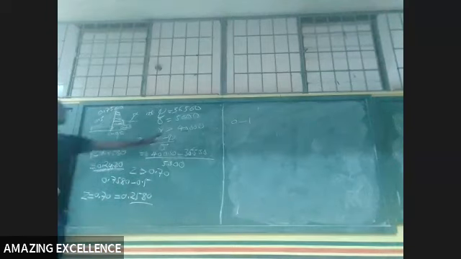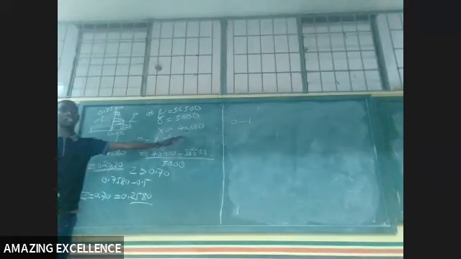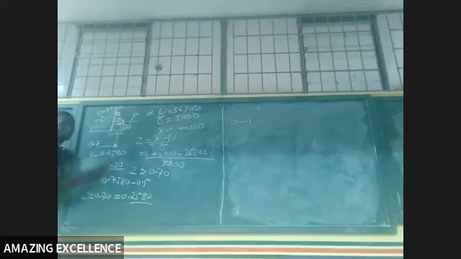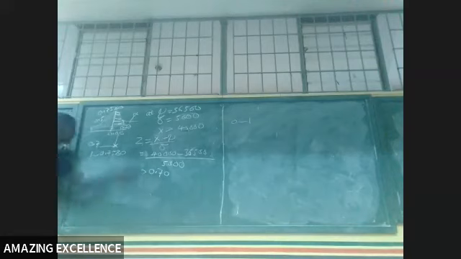But if they ask you what is less than 0.70, which is less than 40,000, it will be all this area this side, which means they are asking for the area from here up to here, which is the same as 0.7580. Is that okay? So we have understood, we can move forward, right?